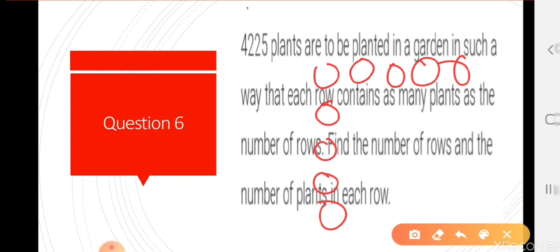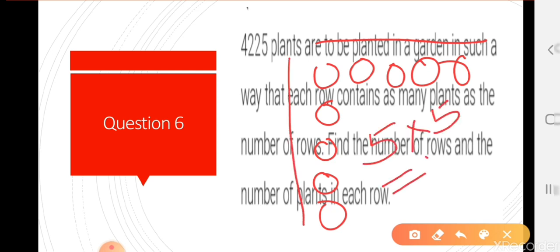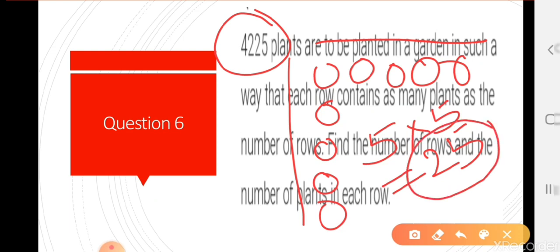So what you have to find? You have to find the number of rows and the number of plants in each row. Now for example, you have written here 5, this side also 5 and this side also 5. So if you multiply 5 into 5, it means 25. So here it is given 4225, like this 25 is given.